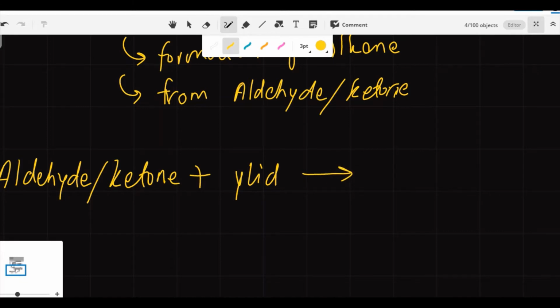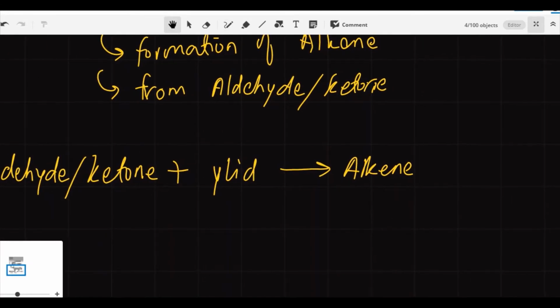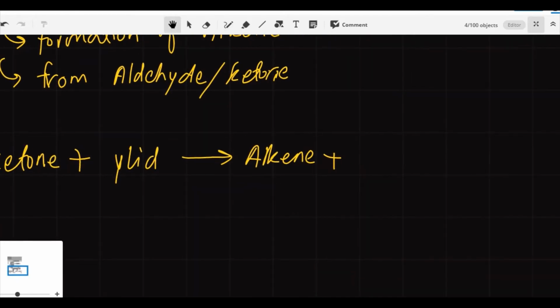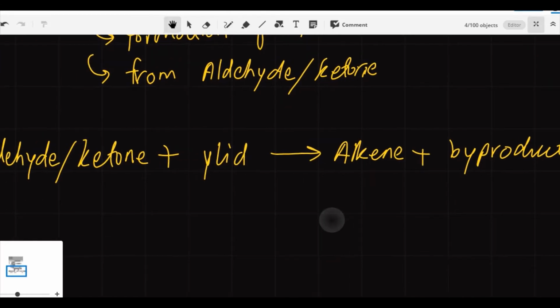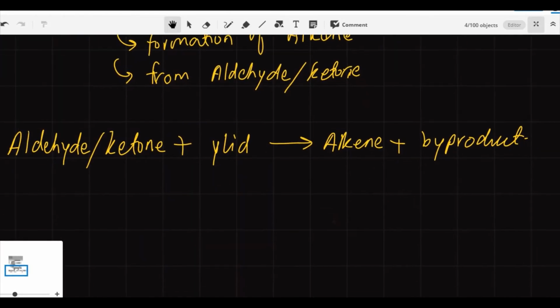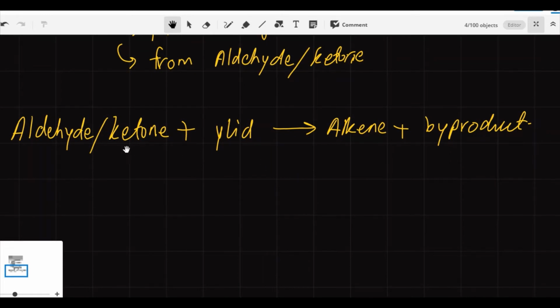That will form the alkene product, and along with the alkene product there is another product, known as triphenylphosphine oxide. I am going to write it here as a byproduct in general. I will tell you in detail. So that is the general equation by which we can easily define the Wittig alkene synthesis.